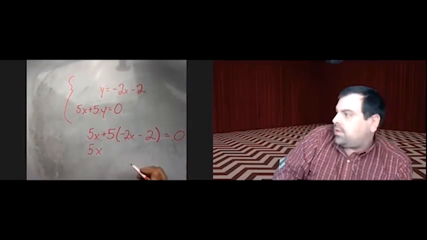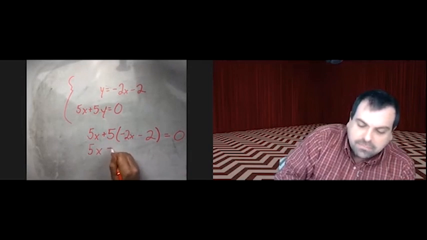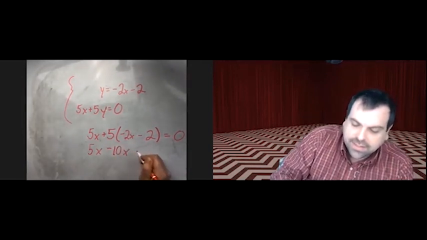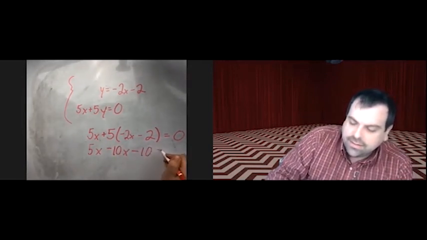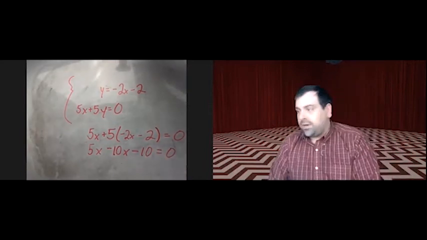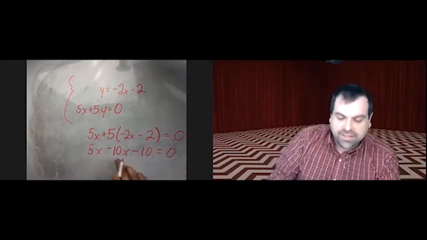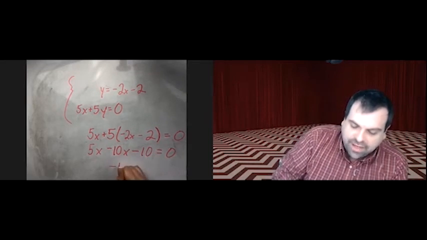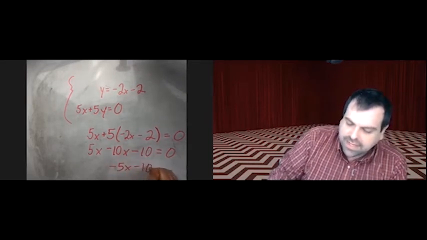Distribute. 5x minus 10x minus 10 equals 0. 5x minus 10x is negative 5x minus 10 equals 0.